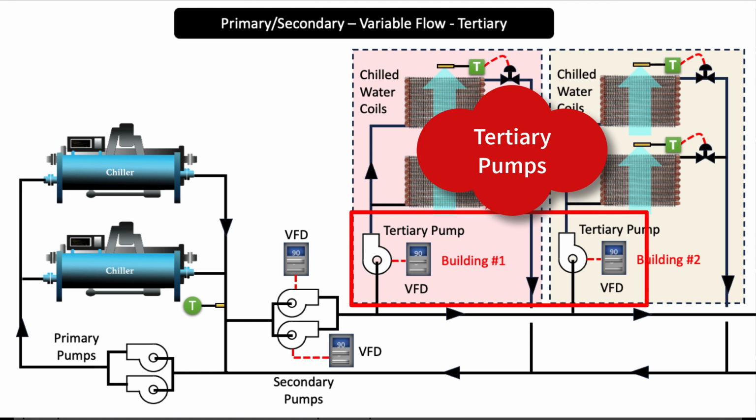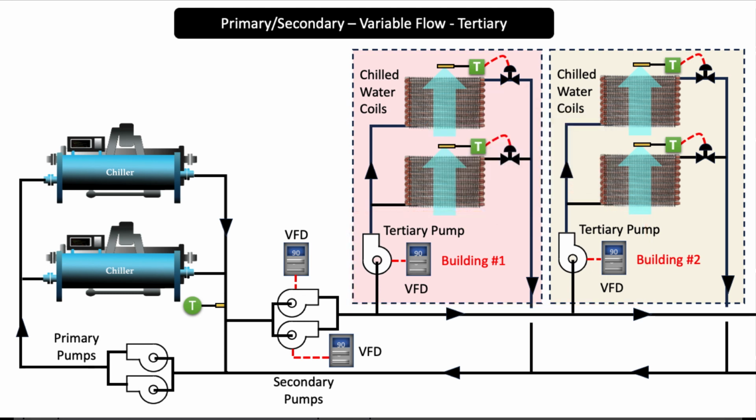This loop is dedicated to specific loads or areas that have unique cooling requirements. You might find this system on the campus of your local university, which has a central plant and buildings distributed throughout the campus. These pumps are provided with VFDs to regulate the flow based on the specific needs of the tertiary loads within the building.